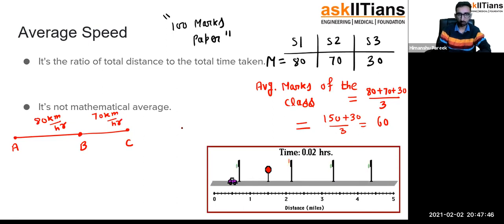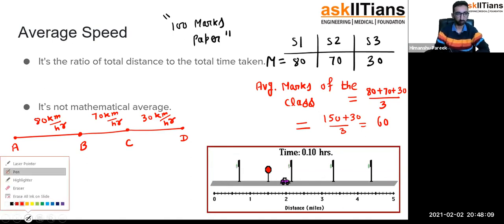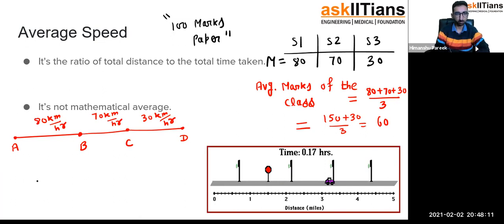And then the body goes from C to D with a velocity of 30 km per hour. This is the information given. A body starts from A, goes to B, then to D, and these are the velocities at which the body is traveling. Calculate the average speed.